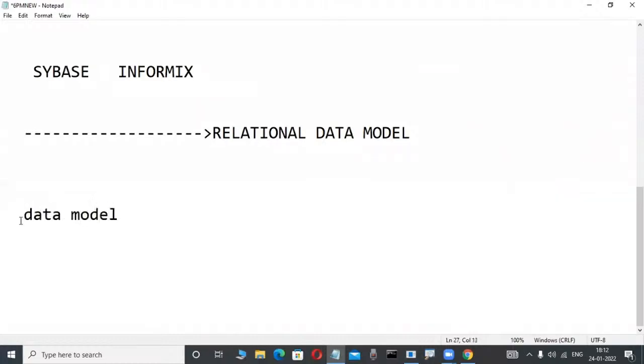Slowly observe here. Anybody who attended the previous class, I am telling one thing. Suppose here Oracle is a product. This Oracle database or relational database, anything, has two types of structures, as I told in previous classes.